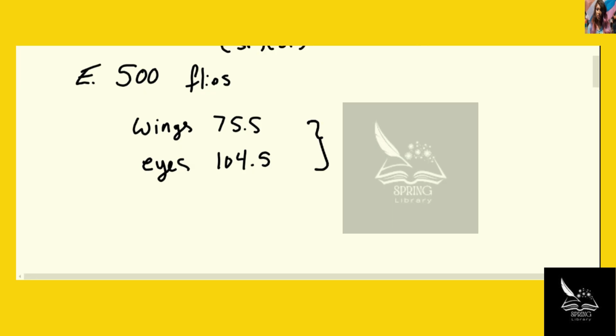So the difference here is 29 map units. Now, one map unit is going to be equal to a 0.01 recombination frequency. So that means a recombination occurs 29% of the time.